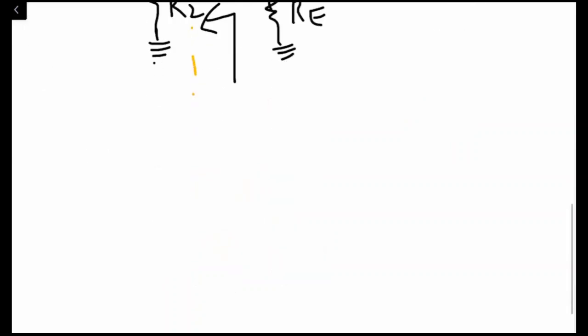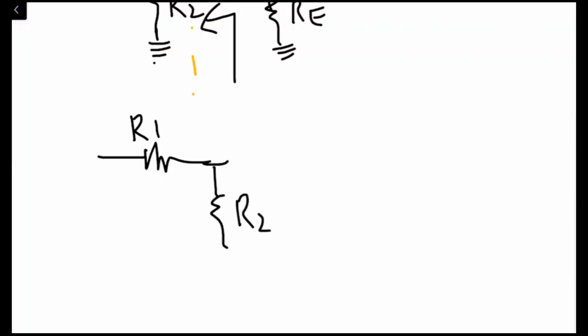When I redraw it, we have R1 and we have R2, right? And looking from this side, we call it RTH, right?